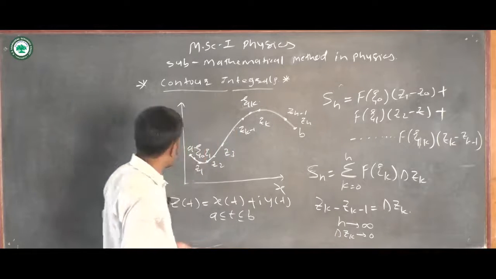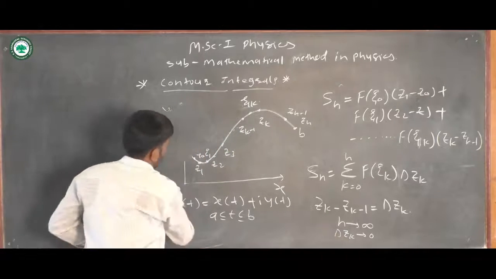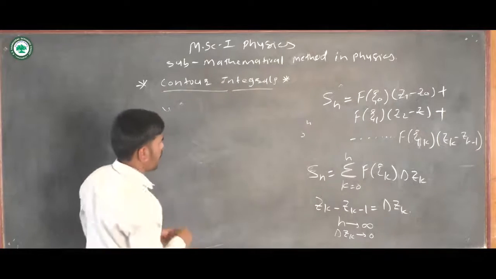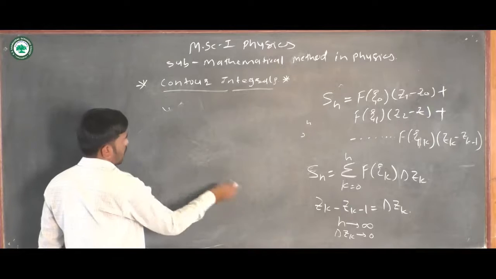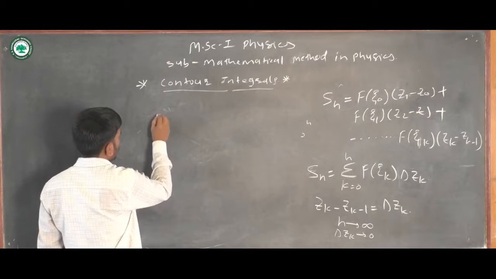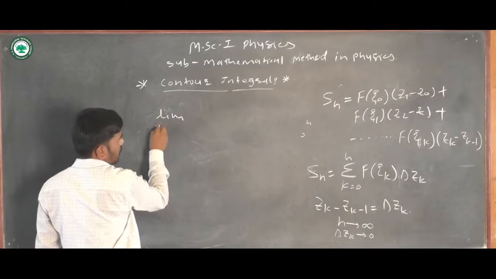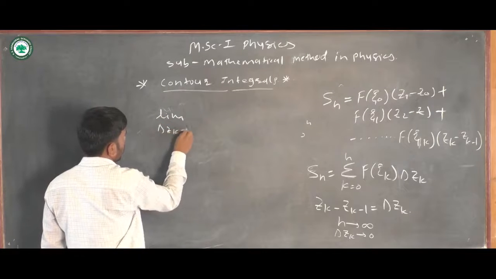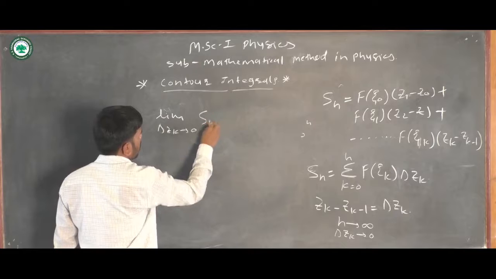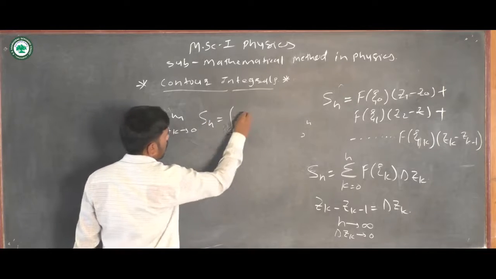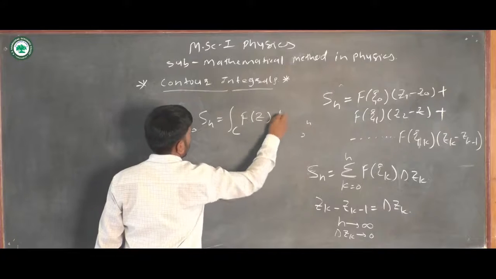So if I apply this limit, the limit of the sum over delta z_k as delta z_k approaches 0 is equal to the integration over curve C of f of z dz.